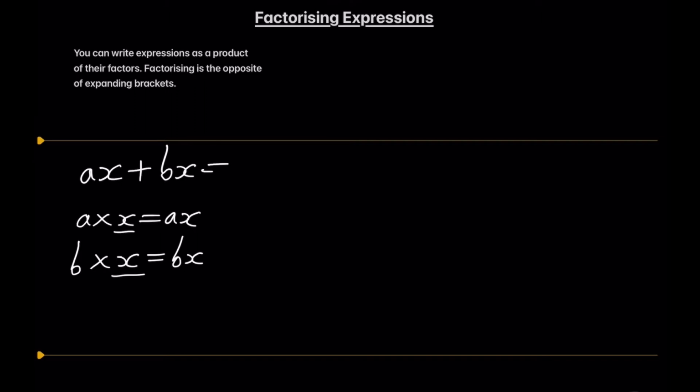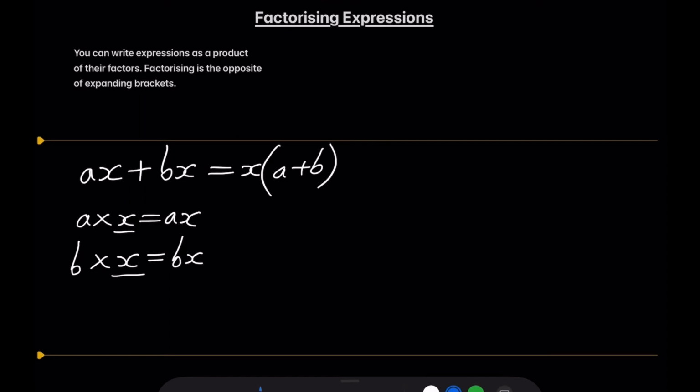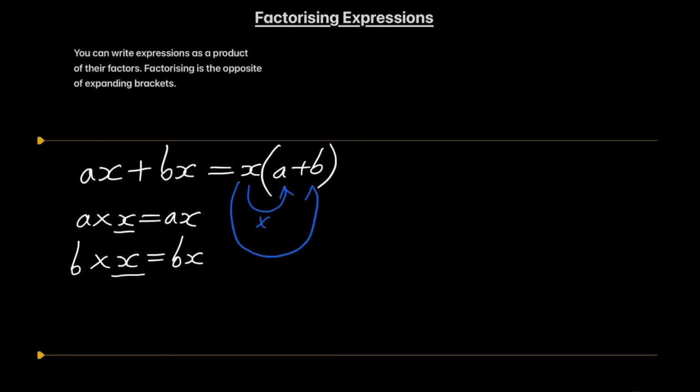So we can rewrite ax plus bx as x times a plus b. And also, if we were to expand the brackets, x times a and x times b, we would again end up with ax plus bx.